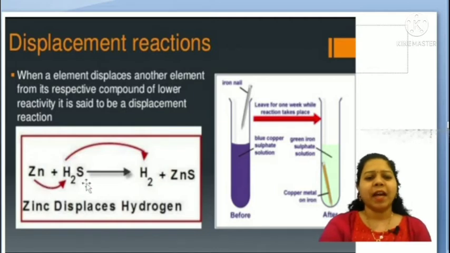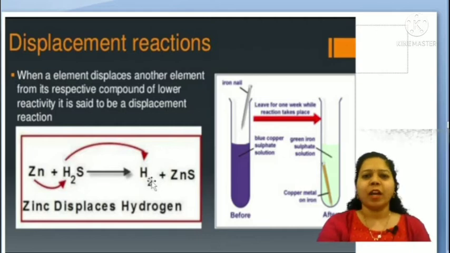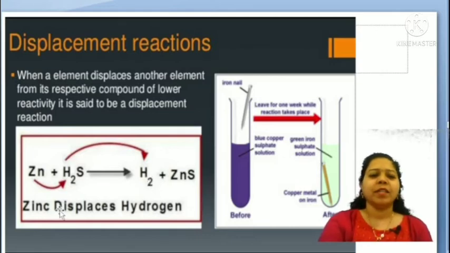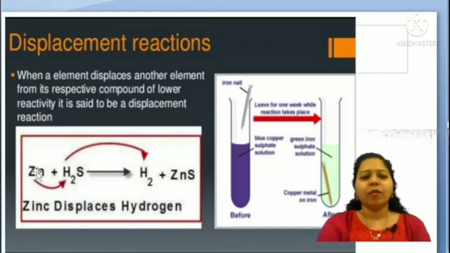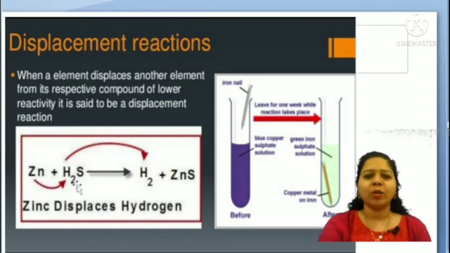Here zinc reacts with H2S, and when zinc reacts with H2S, the zinc displaces the hydrogen and forms ZnS. It means the zinc takes the place of hydrogen and forms ZnS, and the removed hydrogen is released as hydrogen gas. Now why does zinc displace hydrogen?